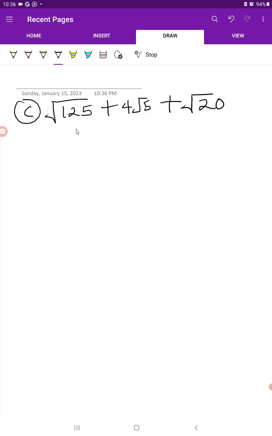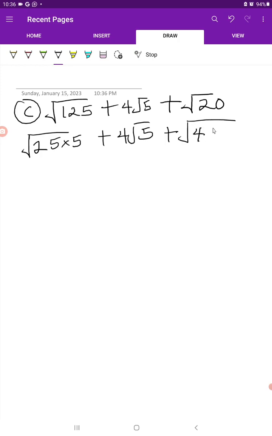If you are to solve this, you discover that root 125 can be written as root 25 times 5, plus 4 root 5, plus root 4 times 5.